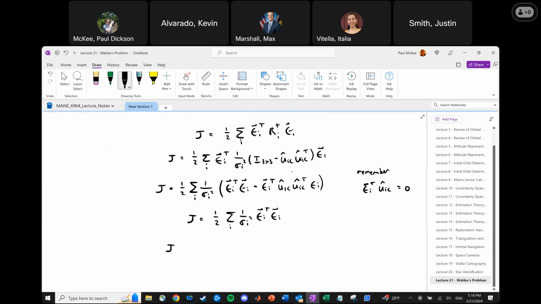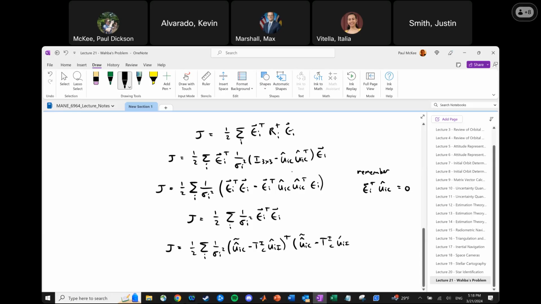So J becomes 1/2 sum over I of 1 over sigma I squared times UIC minus T from I to C UII, transpose, times UIC minus T from I to C UII.